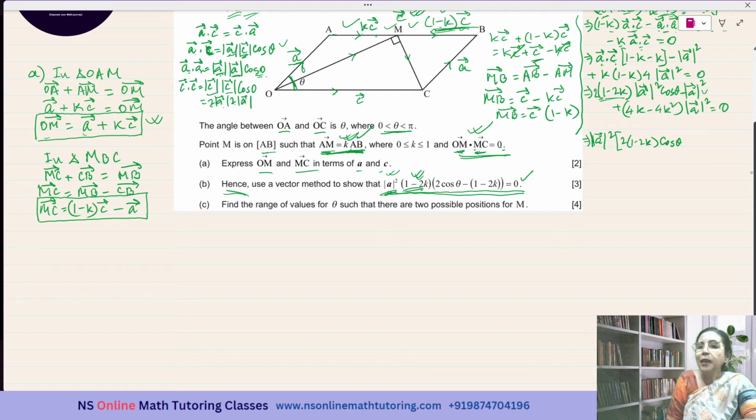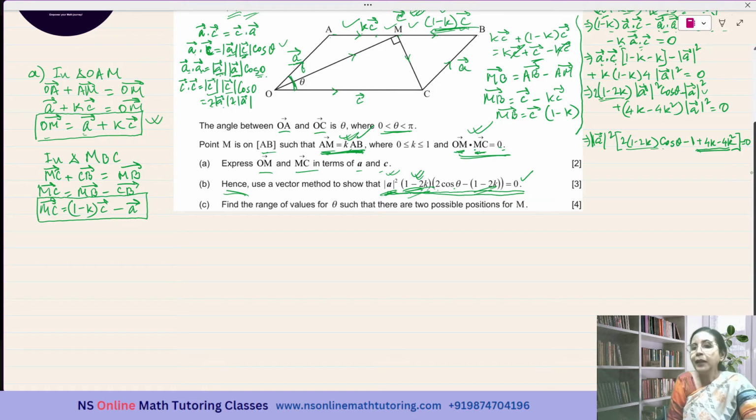and from the second term, it is minus 1. And from here, it is plus 4k and minus 4k square is equal to 0. So now I will be combining these terms because I'm seeing that I am having the part 2 times cos theta times 1 minus 2k. And this 1 minus 2k when multiplied with 1 minus 2k should be giving us 1 minus 2k whole square.